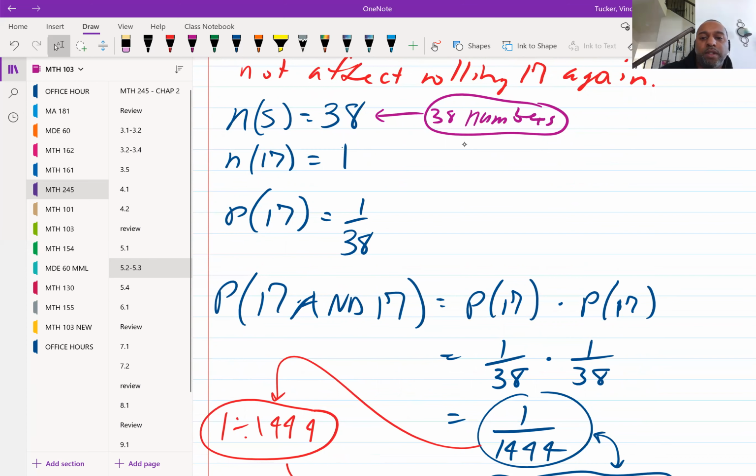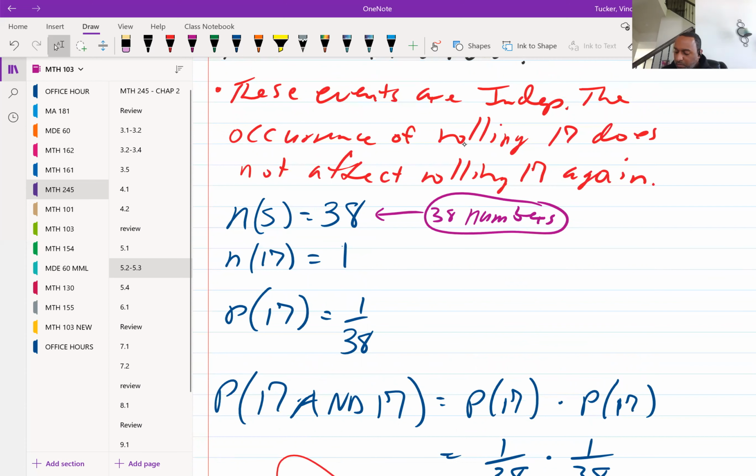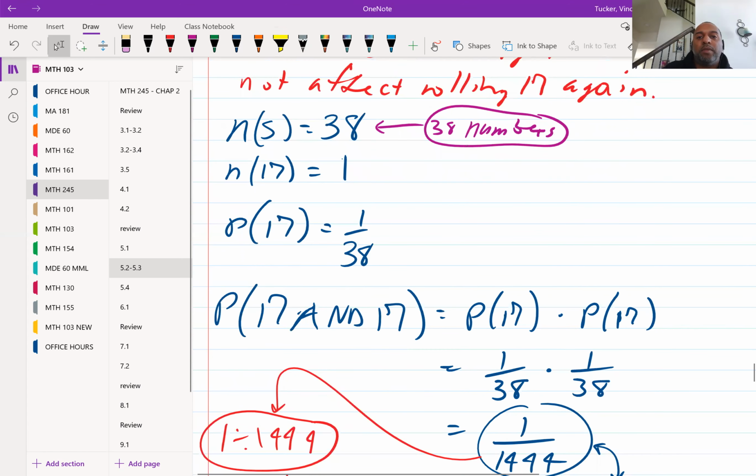Okay, let me cut back down to the red. All right. Write down with the red.